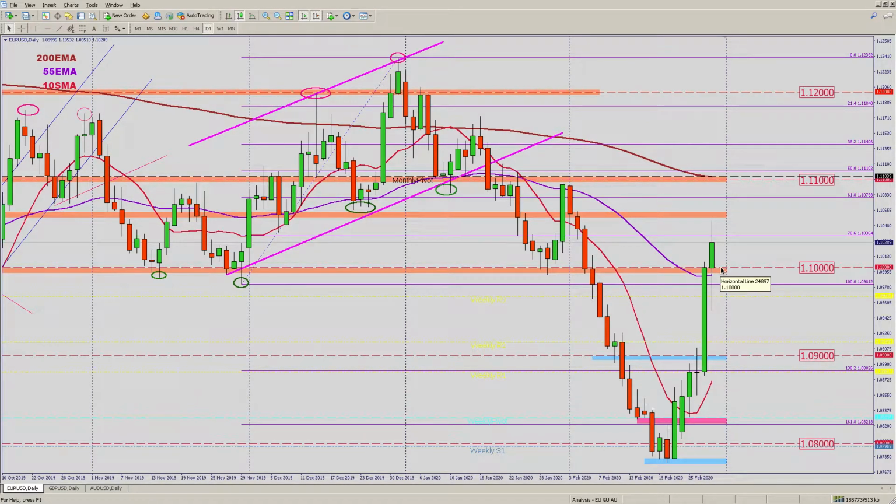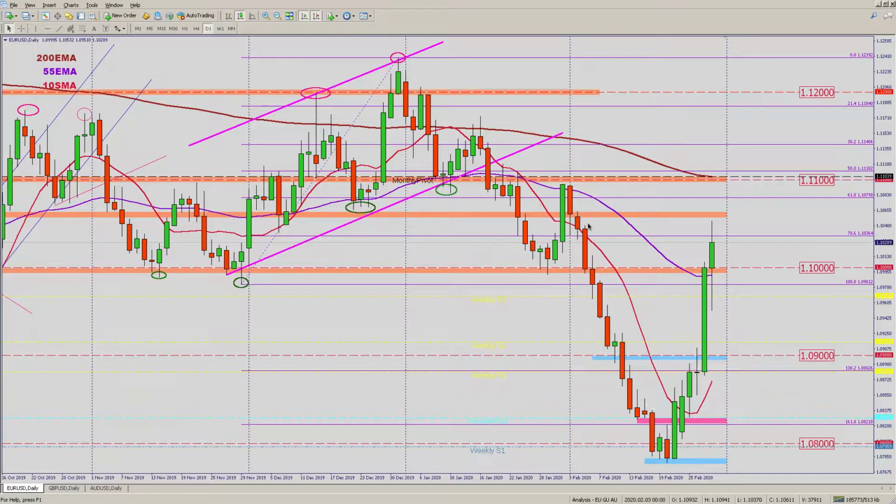And next week will also be a potential preview of the following week, where the ECB is due to announce their rate decision on the 12th of March. So we'll see how far this recovery is going to hold and continue.